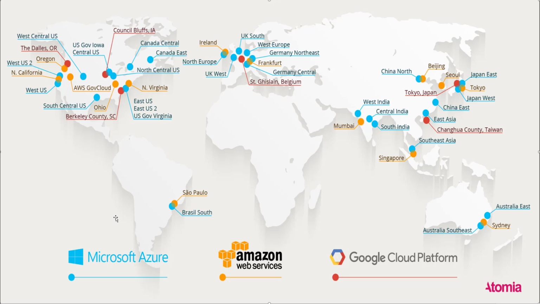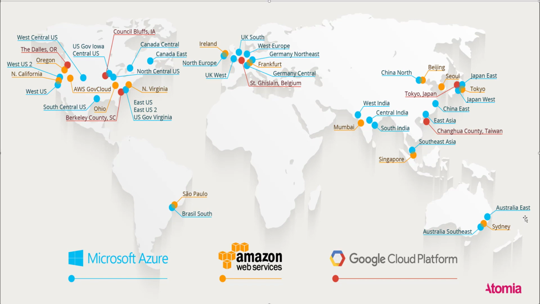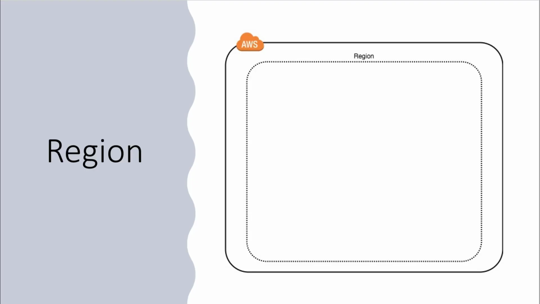On this map, you can see the different data centers for Microsoft Azure, Amazon, and Google with different colors. For example, in the United States, in Europe, Asia, and in Australia. So we should know in which region we should deploy our code. For example, I want to deploy my code on a data center in the Virginia region in the USA. So in the second step, we should select a region.